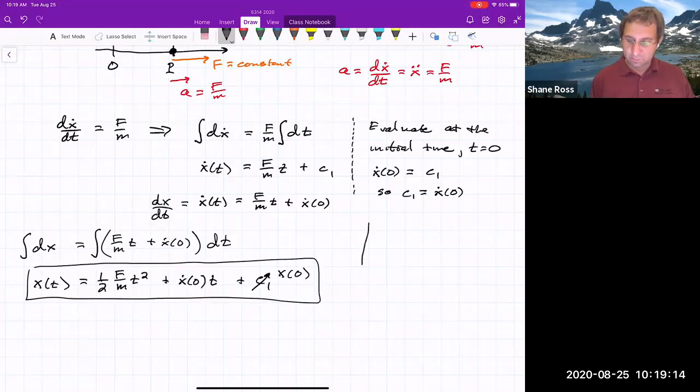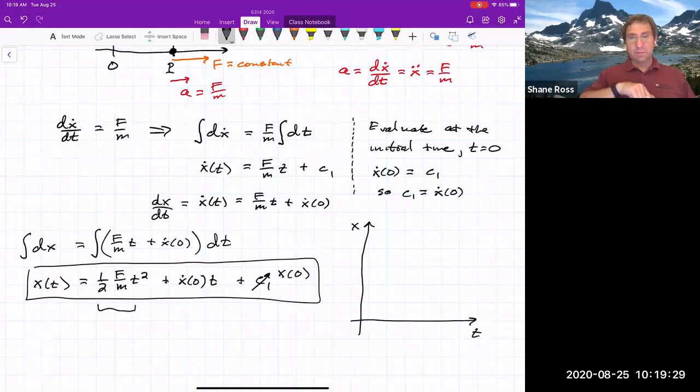And just like above, we could plot just to kind of get an idea graphically how things are different in this case. Before, when F was 0, this term was gone, but now it's here. So now instead of having a curve with constant slope, the slope will change.